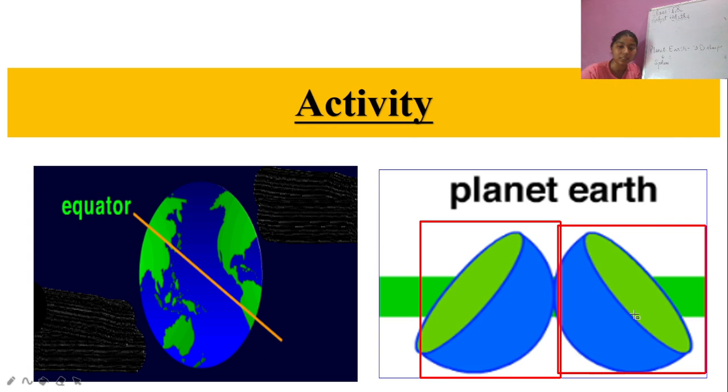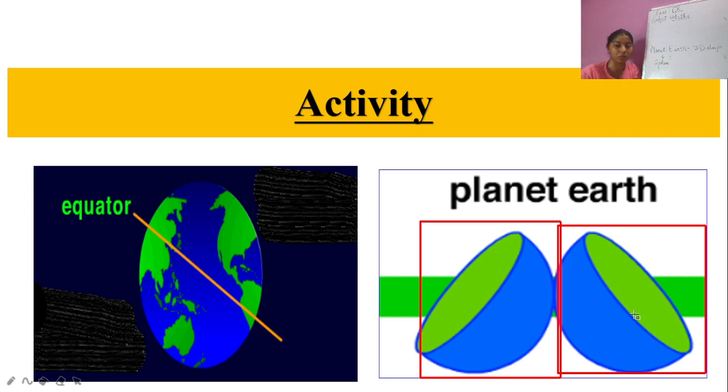If we say it is a sphere, when we cut a sphere into two parts, what do we get? We get a three-dimensional shape which is a hemisphere. Whenever you cut any sphere into parts, we get a hemisphere. That way you can identify it.